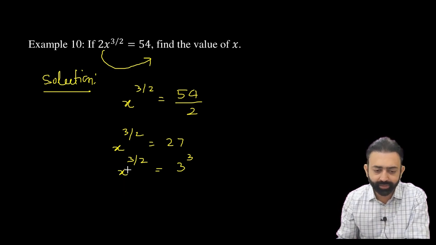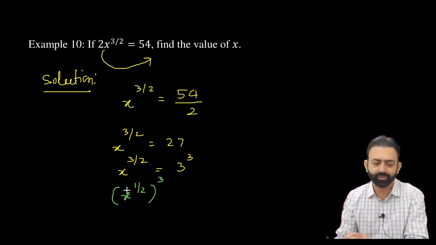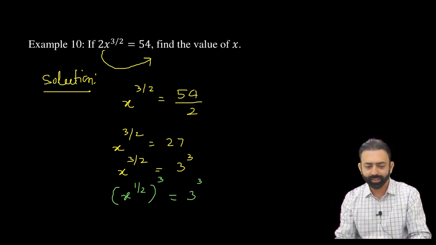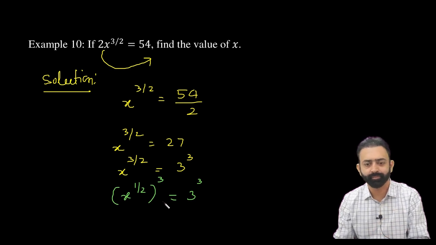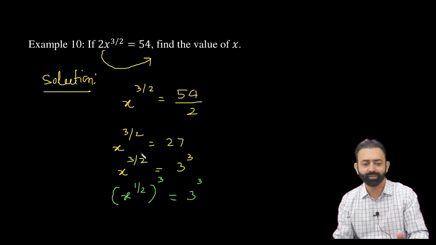So I should write this x raised to power 3 by 2 as x raised to power 1 by 2, whole power 3. Okay, this is exactly what I wanted to convey, right? So this is 3 cube. Now, as you can see that exponents are same on both the sides, so bases should also be same. Okay, so this was the motive behind all these efforts.